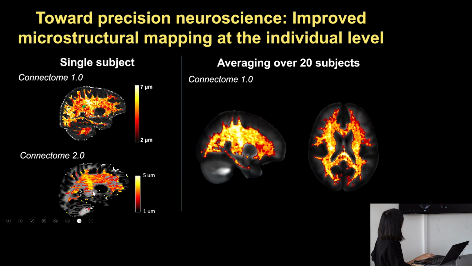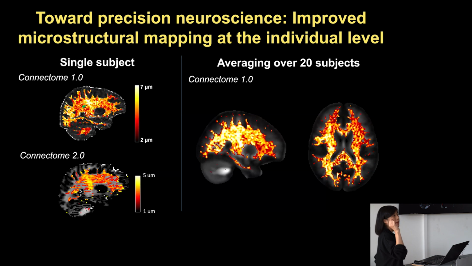And I'll also say that when you compare the connectome 2 maps in a single subject against the maps that we needed to average over 20 subjects to obtain with connectome 1, you can also see that this improved sensitivity will potentially allow us to improve microstructural detail down at the individual level.